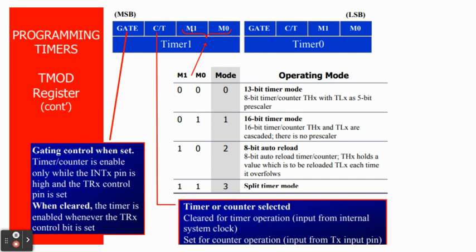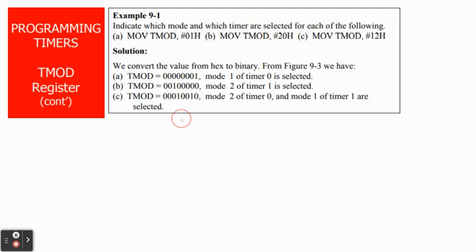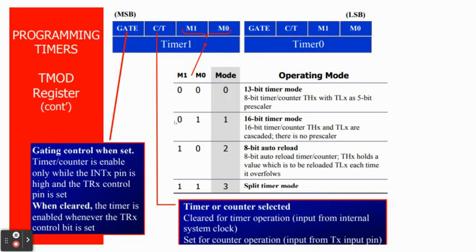Now, for M1, M0 of timer 1 and M1, M0 of timer 0, this will determine the mode that you will be using. For example, if you make M1, M0 as 00, that means you will be using mode 0. If you want mode 1, then you have to make M1 0 and M0 1. So when we have 0 1 for M1, M0, that means it's mode 1.